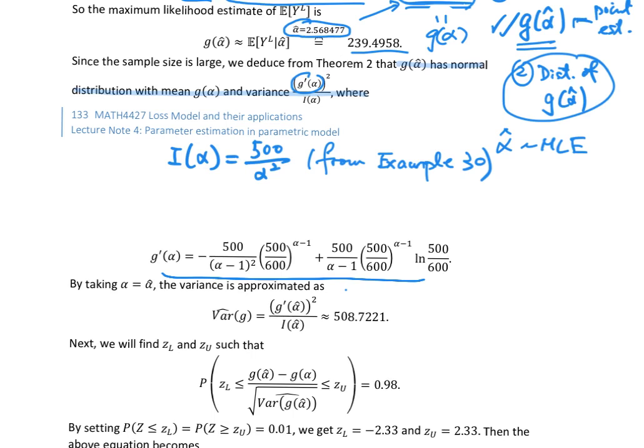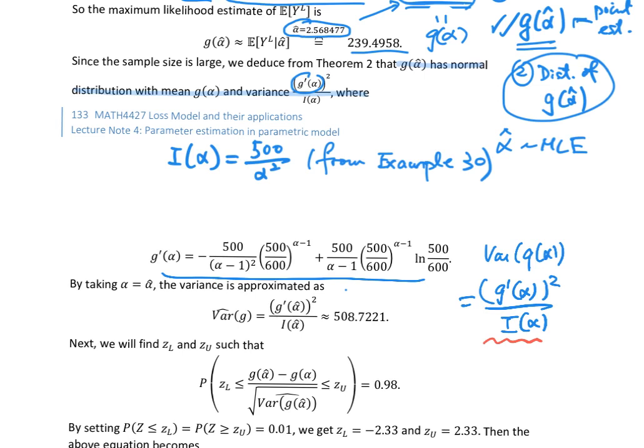Given this, you can easily obtain your variance, which will be equal to G prime alpha all squared divided by I alpha. Of course, in the context of finding the confidence interval, as I said in the earlier example, we need to approximate this variance by a number so that we don't have a very fancy expression.